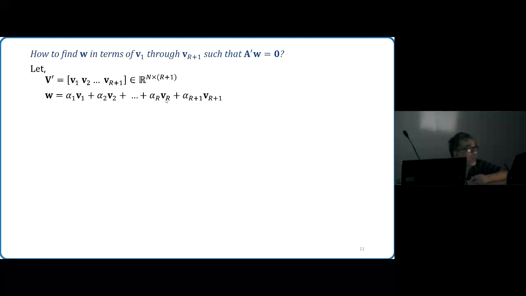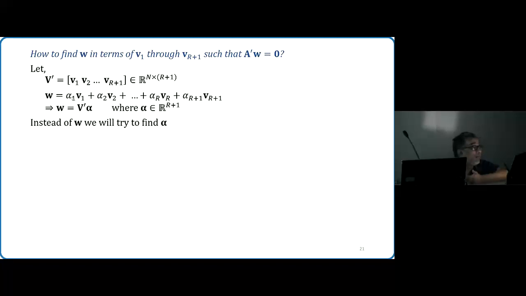And W is a linear combination of these V's. So we can express W as W equals V prime times a vector alpha. This vector alpha contains alpha 1, alpha 2 until alpha r plus 1, so it is an r plus 1 dimensional vector. Makes sense? This is an n times r plus 1 matrix V prime, and you're multiplying with an r plus 1 dimensional vector. So now instead of W, we'll try to find alpha.